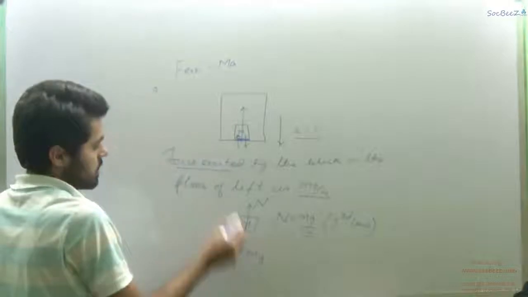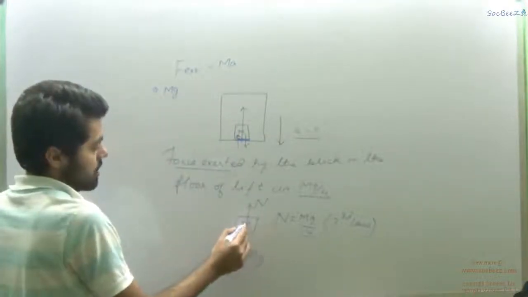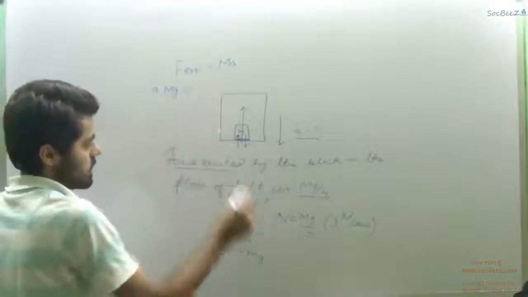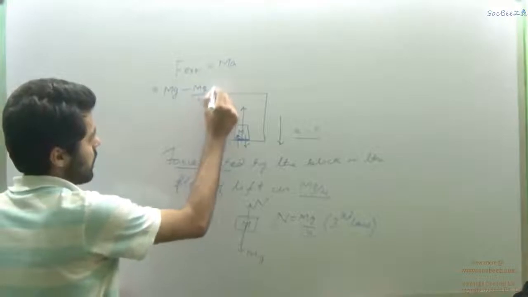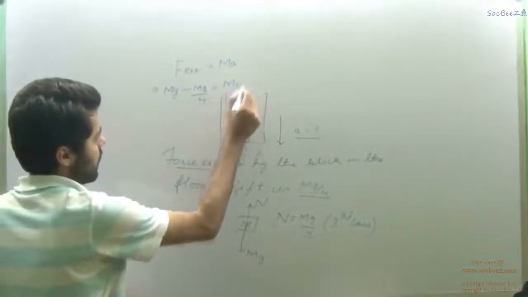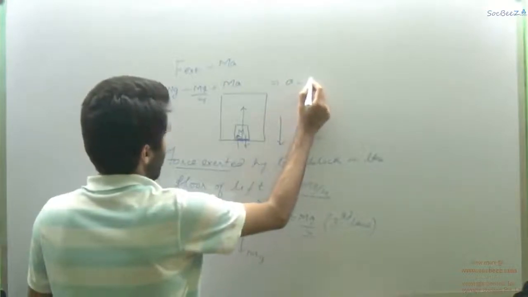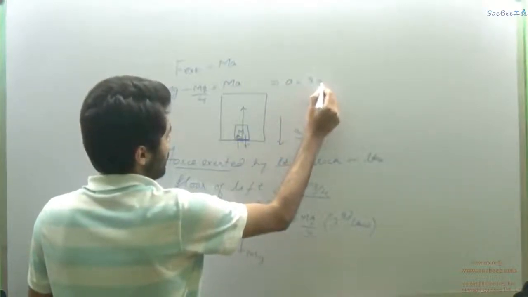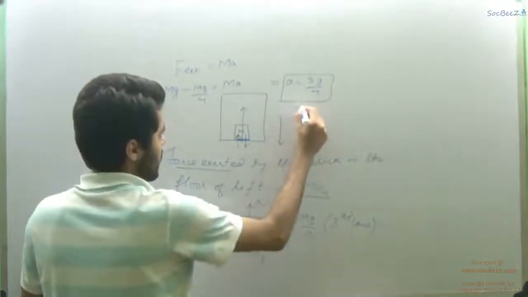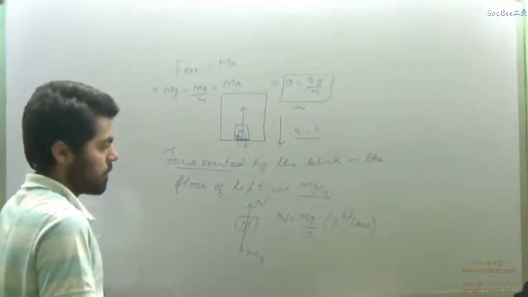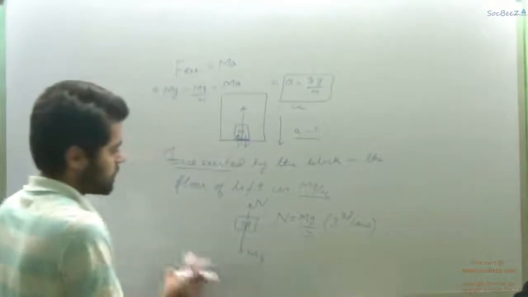So F external here is gravity mg and normal is in opposite direction, so minus mg by 4, that is equal to ma. So from here a is equal to 3g by 4. So this is your acceleration of the lift. Simple problem, just simple application of Newton's third law.